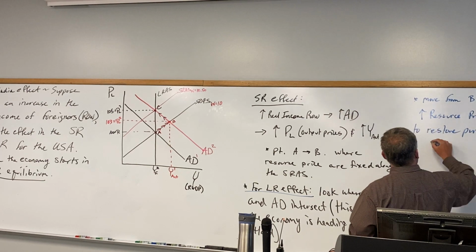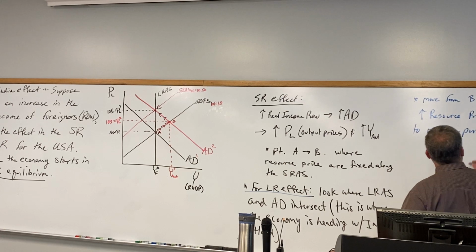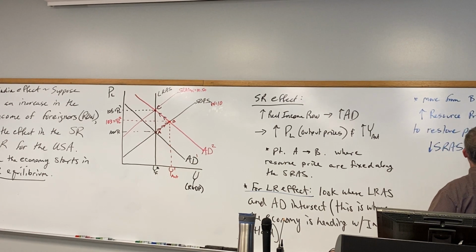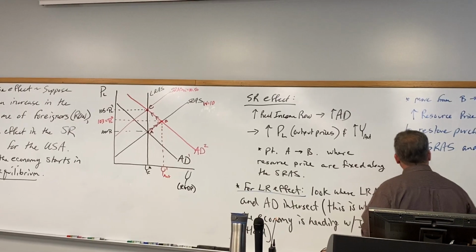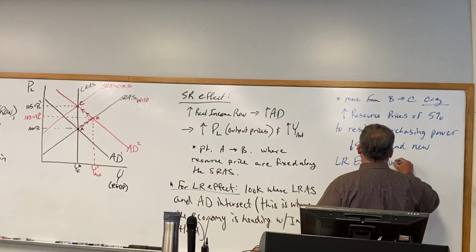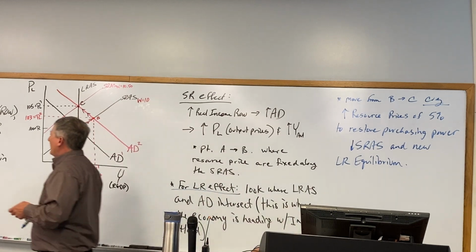So that means there's a decrease in the short run aggregate supply and a new long run equilibrium with all three lines crossing.